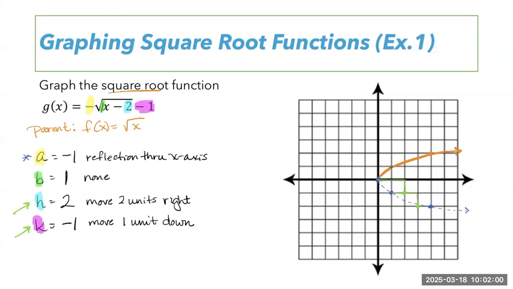And that 4, -2 is going to go 2 units to the right, 1 unit down, and I get a point right there. And so now I connect those new points into that half a U-shaped curve. And the green graph now is the final answer to what g of x would look like.